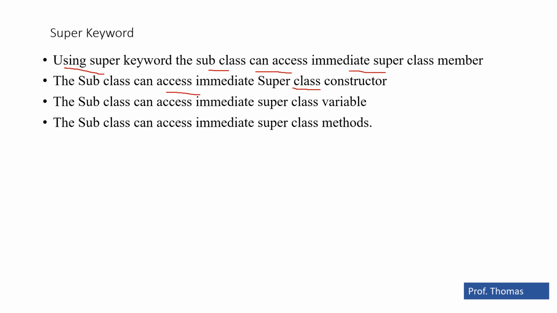Also, the subclass can access the immediate superclass variable and the immediate superclass method. The class members mean both data and methods. The subclass can access the superclass members, that is both data and methods and the constructor, through the super keyword.